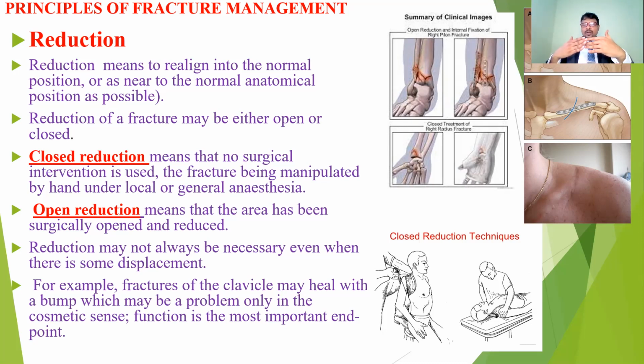That means we give the traction or manipulation with the hands under local or general anesthesia, and there is no need to give any surgical procedures. Only with manipulations, or maybe we give some bandage applications, we bring the bone fragments into normal positions. So that method is called closed reduction.